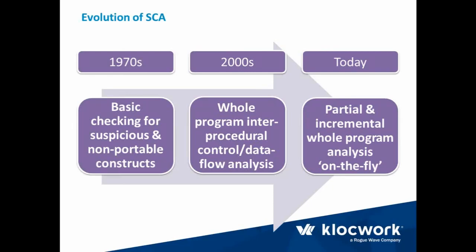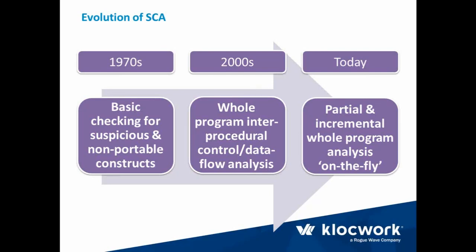Everything was done essentially at a unit level. It was only in the 2000s that a few tools came to the world, essentially from various academic and commercial research, with the idea of looking at programs in their entire state to see if we can detect some extra issues. So runtime errors, interprocedural control and data flow analysis, it was called.